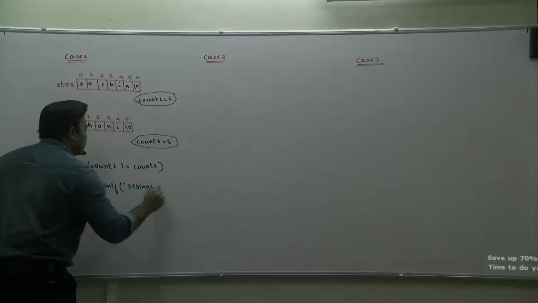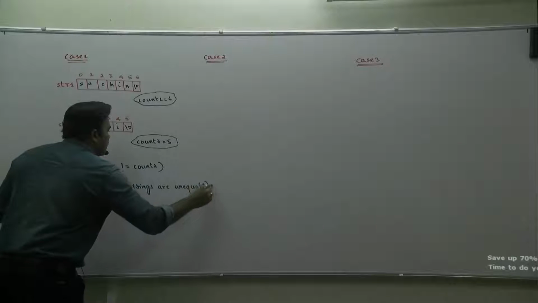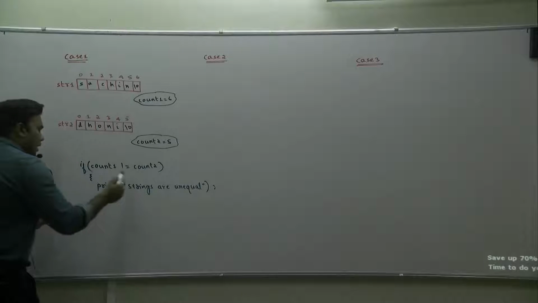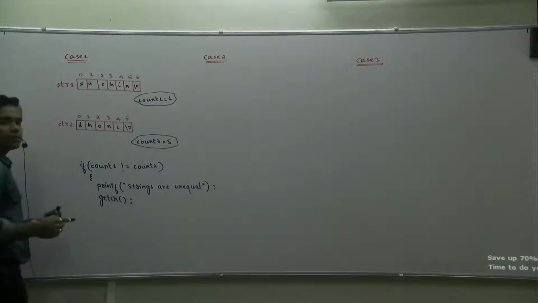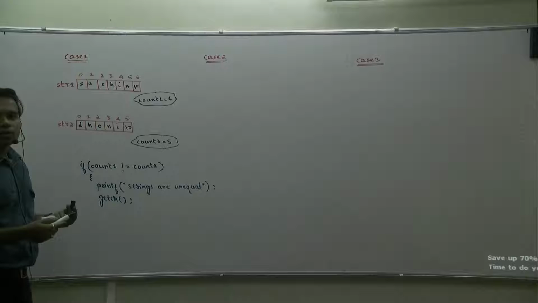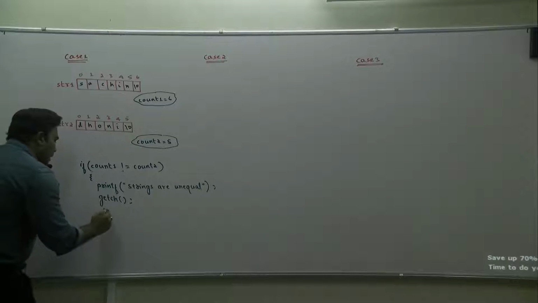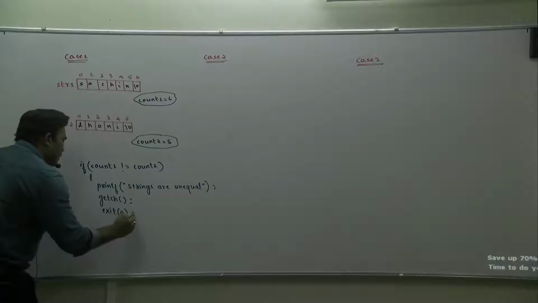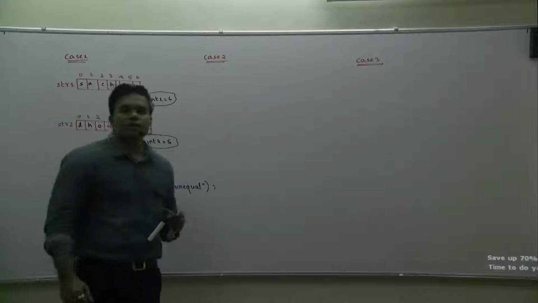I can conclude strings are unequal like this. In fact, I should watch this output, so maybe here itself I can tell get CH, because I require some time to watch the output. After watching the output, why to remain in the program? I will exit from the program itself. I can exit, not an issue. I can exit from the program itself.